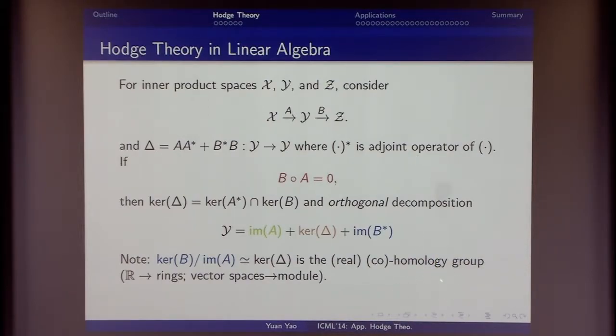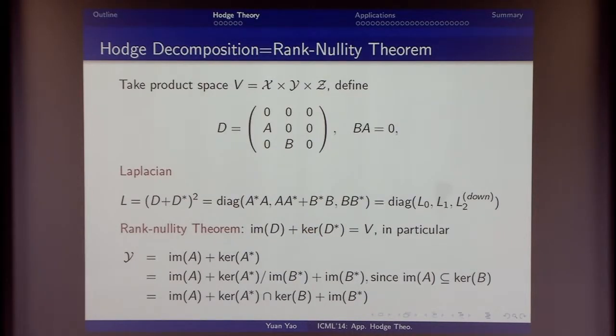You can call it homology group or cohomology group, depending on what kind of domain, field, or module you are going to use to define the vector space and inner product space. Yesterday Lei Heng gave you a very comprehensive list of the various names in algebraic topology. But here I just give you the one answer on how to prove this simple theorem.